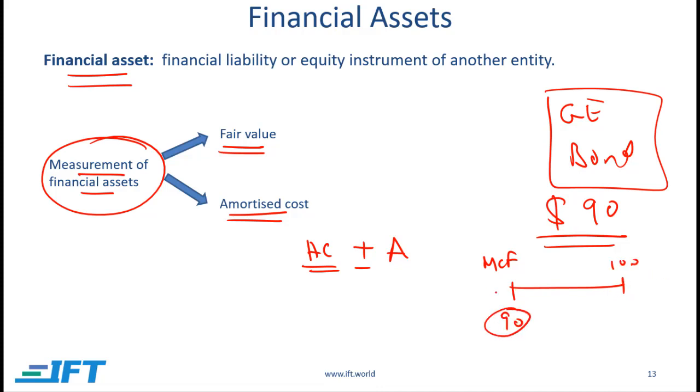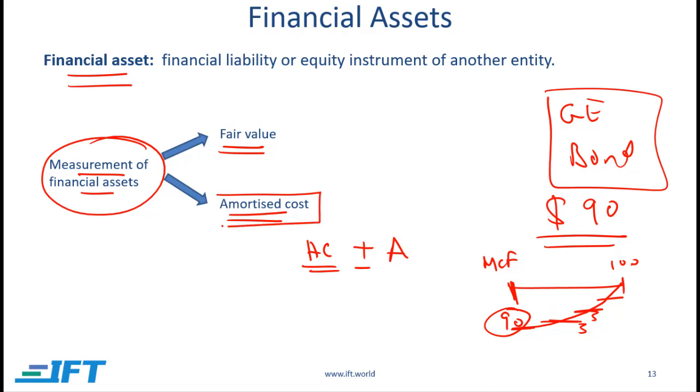This bond might have a value of 90 when Microsoft buys it, but over time this amortized amount will increase to 100. How this increase happens we'll discuss later, but the value shown on the balance sheet is the historical cost and then the amortization adjustment, which happens every period. So this amount that is shown on the balance sheet is the amortized cost.